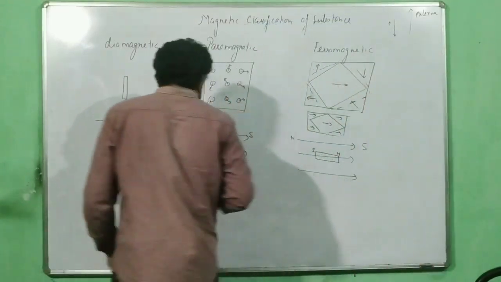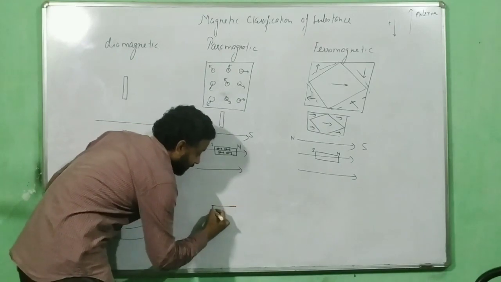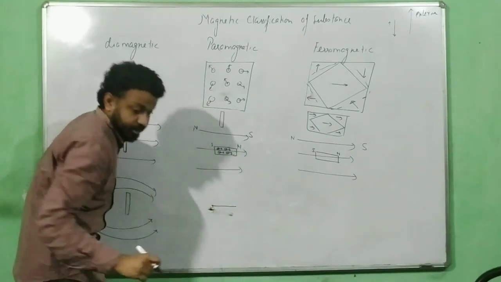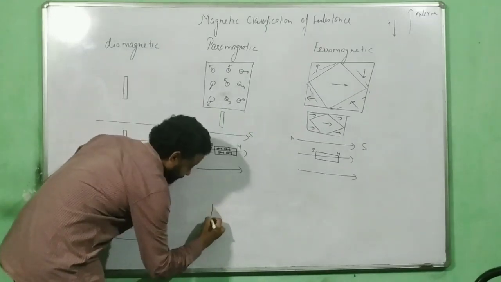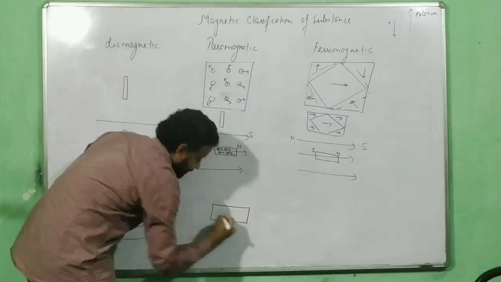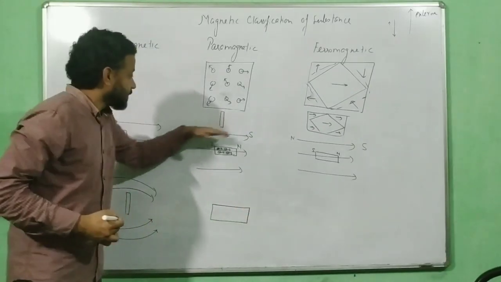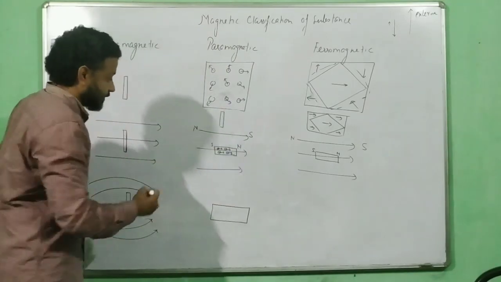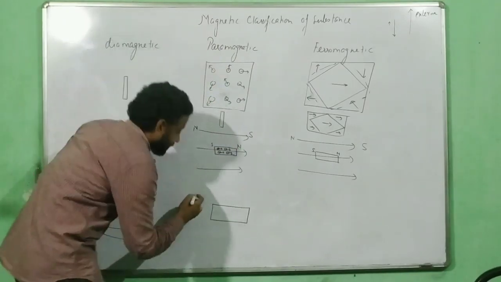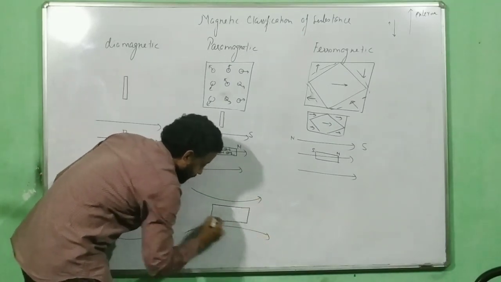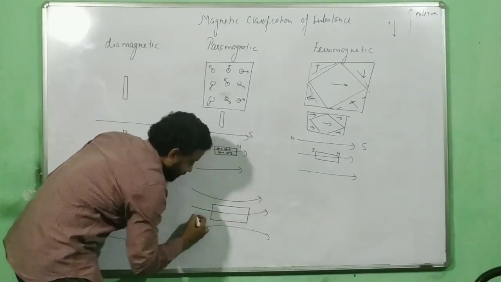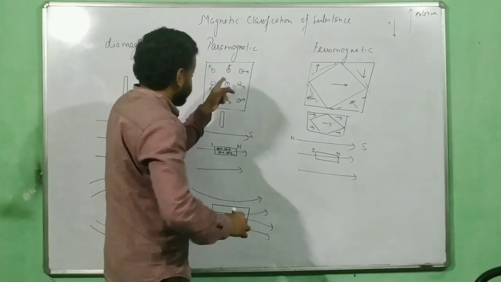What about a paramagnetic substance? If I consider that initially the fields are like this, and like this, then when you place a paramagnetic substance, the field gets attracted. It shows attraction. This is for paramagnetic.